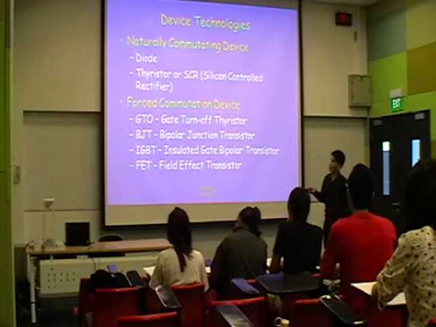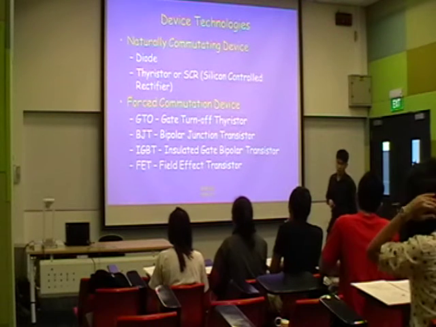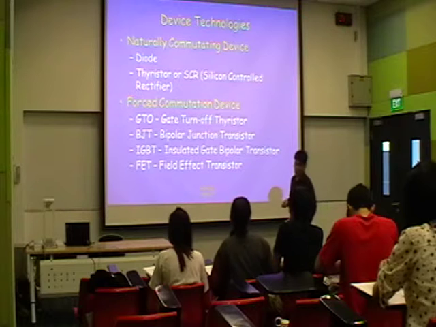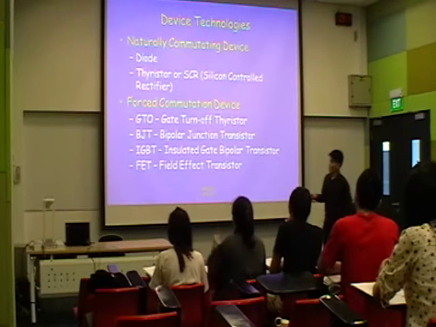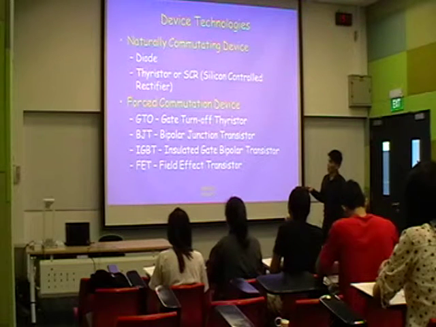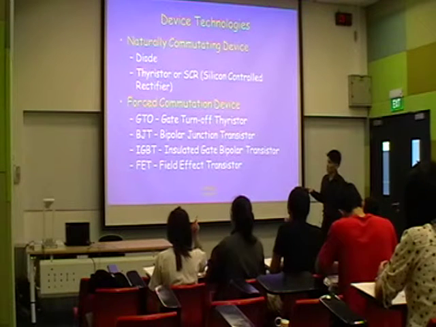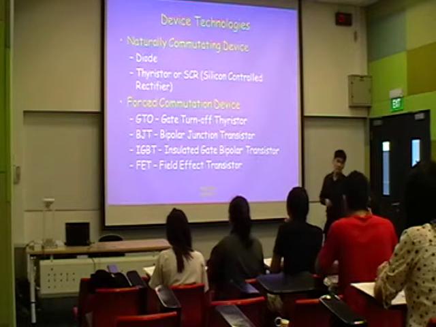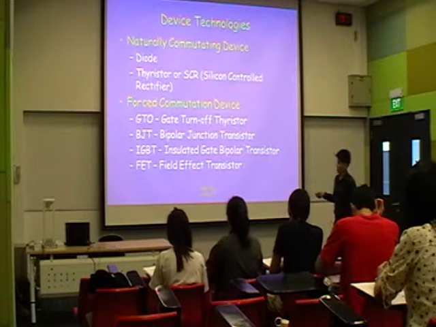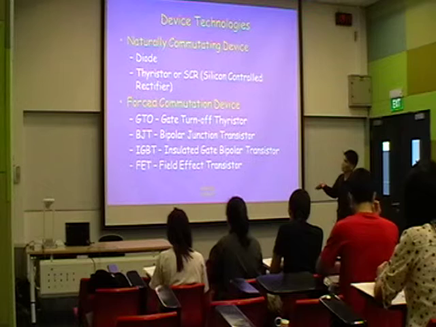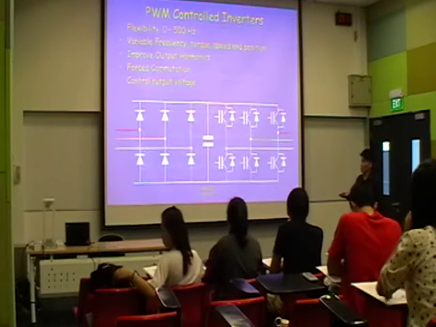You will need diodes and transistors, which are basically a kind of diode as well, using a gate to fire or switch on, and also force commutation devices. You need some bipolar junction transistors, so that's why you learned it in part 1, and some other types of transistors. These are the components that you will see in these inverters.